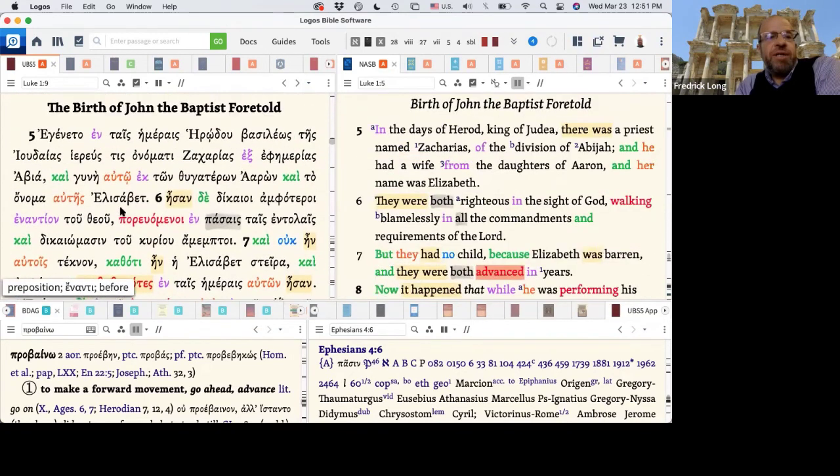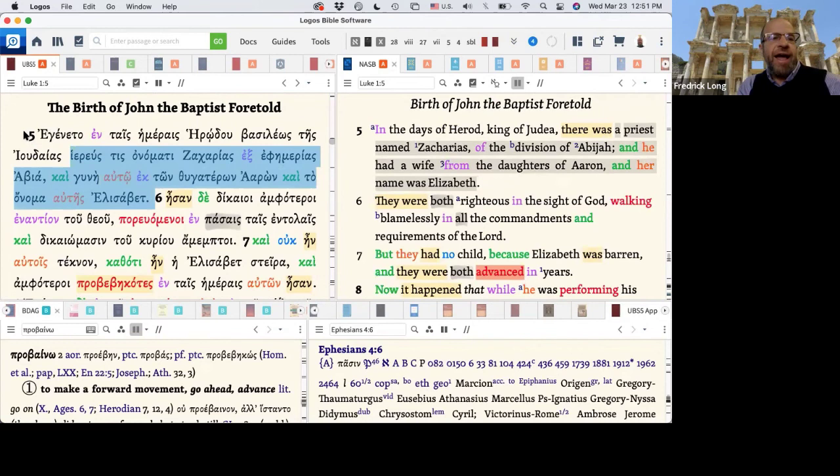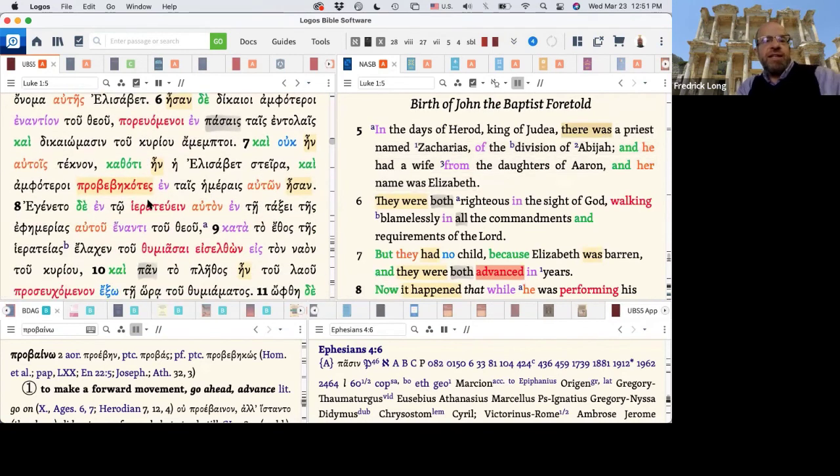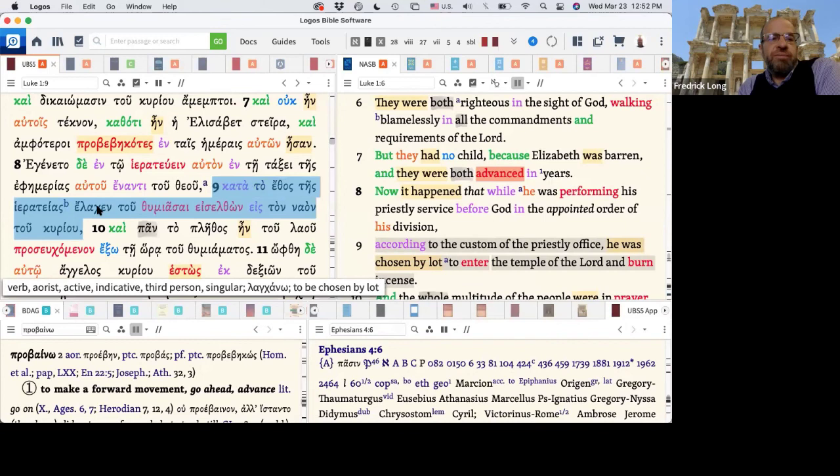So what happened above here is that there was a priest by this name who had a wife, her name was Elizabeth. So all of this is the content of what happened. The content of what happened in verses 8 and 9 is that he was chosen.